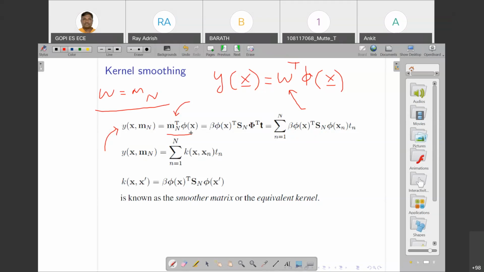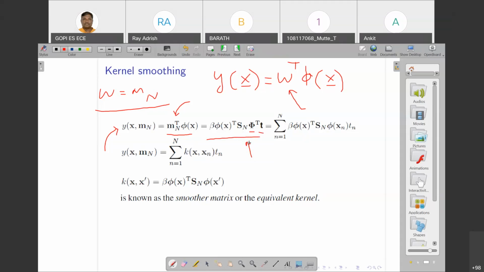And we got a relationship for this Mn in the previous slide, from the Bayes technique, like beta phi of x, the whole transpose, Sn, phi matrix transpose T. So this expression is actually coming from the Bayes.